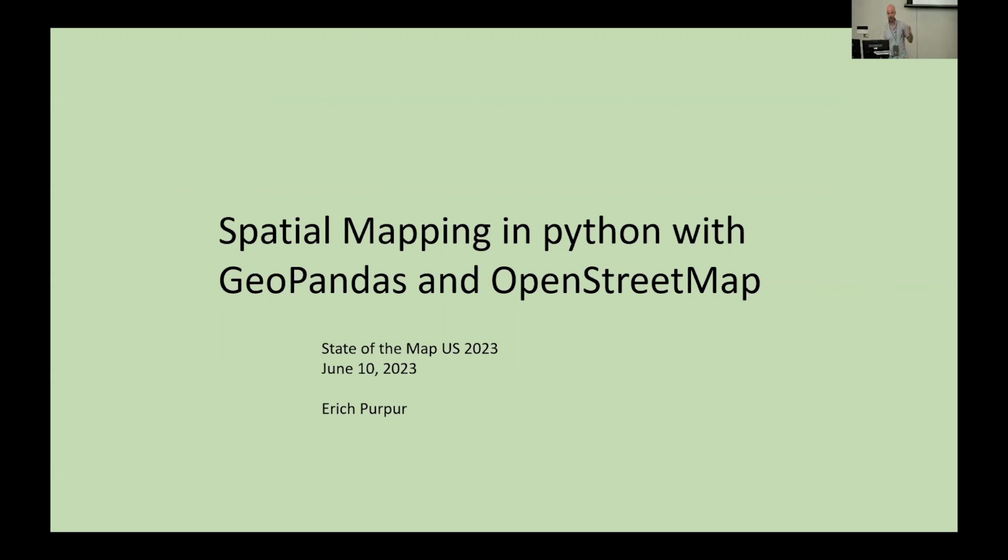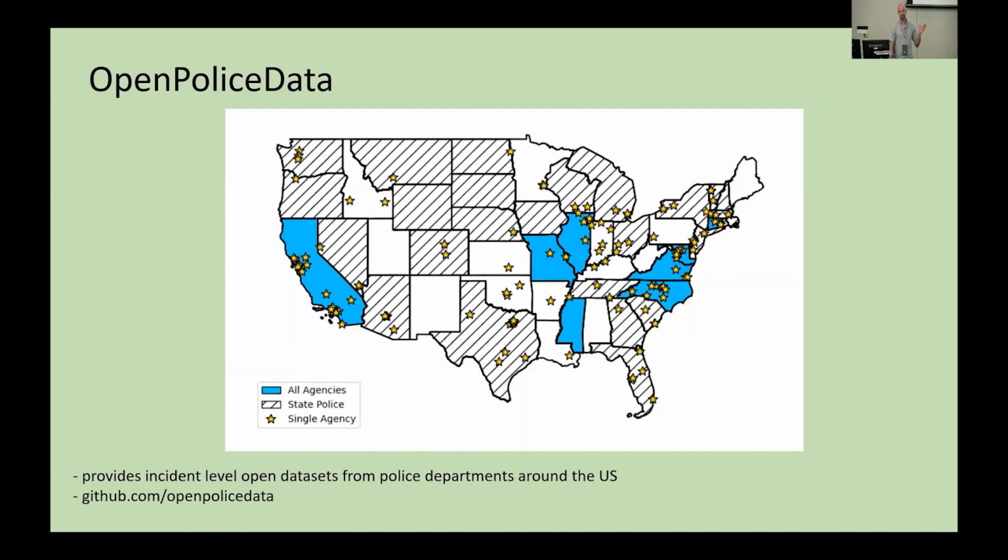So today I'm going to talk about a little project I was doing earlier this spring, related to data equity and data justice. A friend of mine, who actually gave a presentation on this topic yesterday, created a Python library called Open Police Data. It's basically an aggregator of police data from various cities around the country.